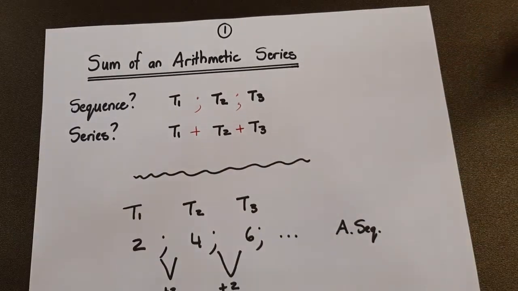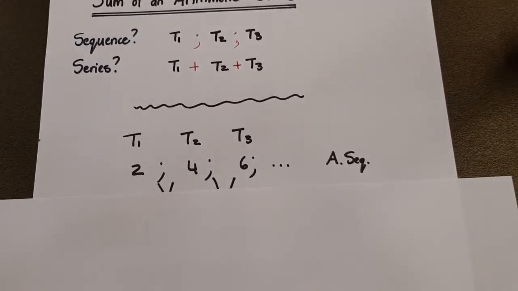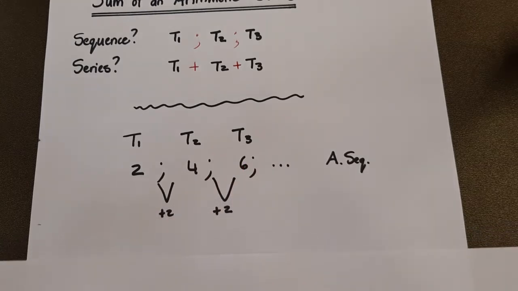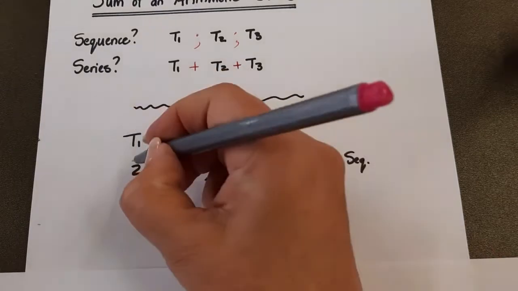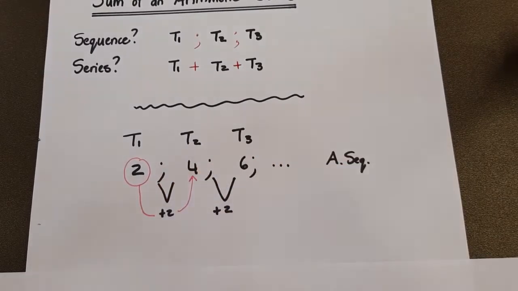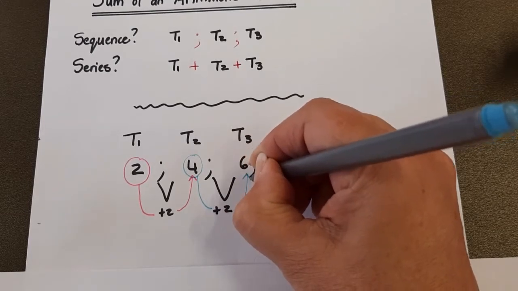Now, should we have a sequence like this, 2, 4, and 6, we know it's an arithmetic sequence because the constant difference between two terms is 2. So what we actually did was to take term 1, add 2 and then we get term 2, and then you take term 2, you add 2 again and you get term 3.